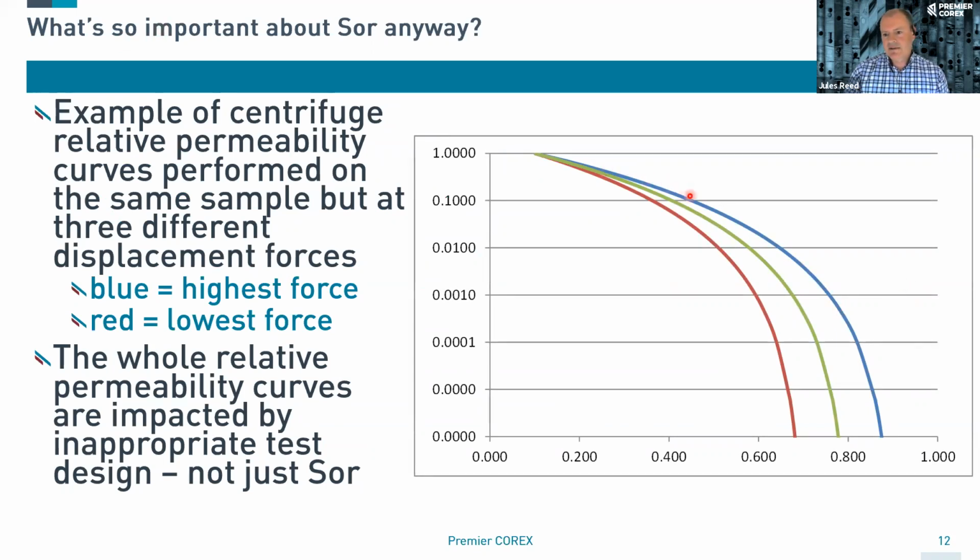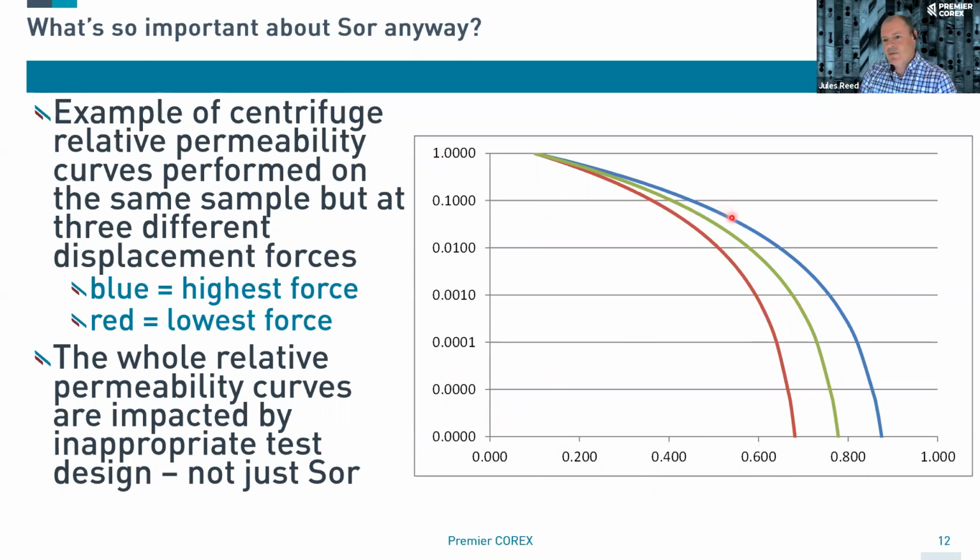These are data from centrifuge analyses, relative permeability to oil. Sorry, the axes haven't been labeled, but this is water saturation on the bottom, relative permeability on the y-axis.